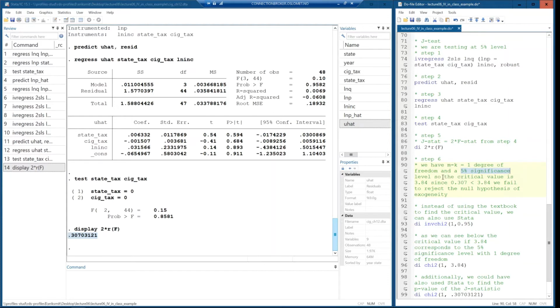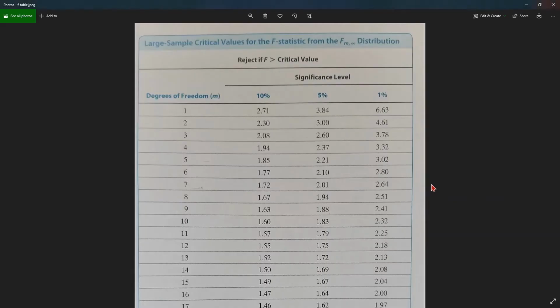and the critical value is 3.84, and we find that from the F table, and here we have the F of m degrees of freedom with infinite number of observations.